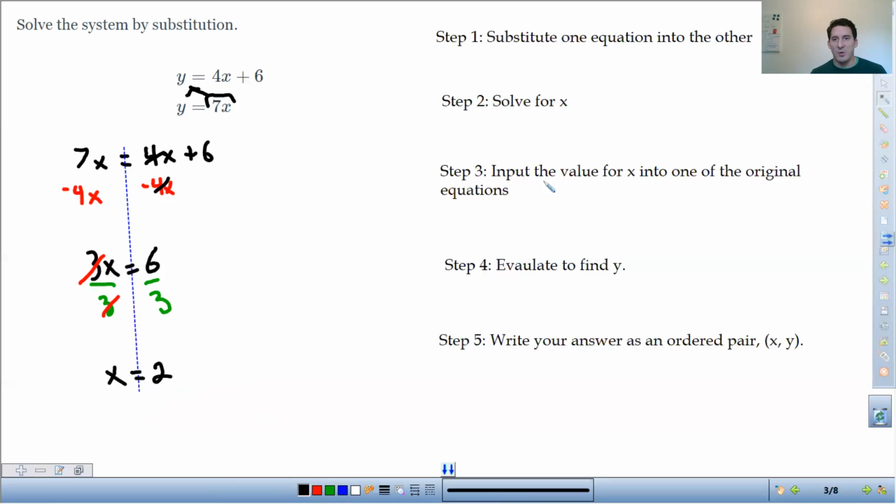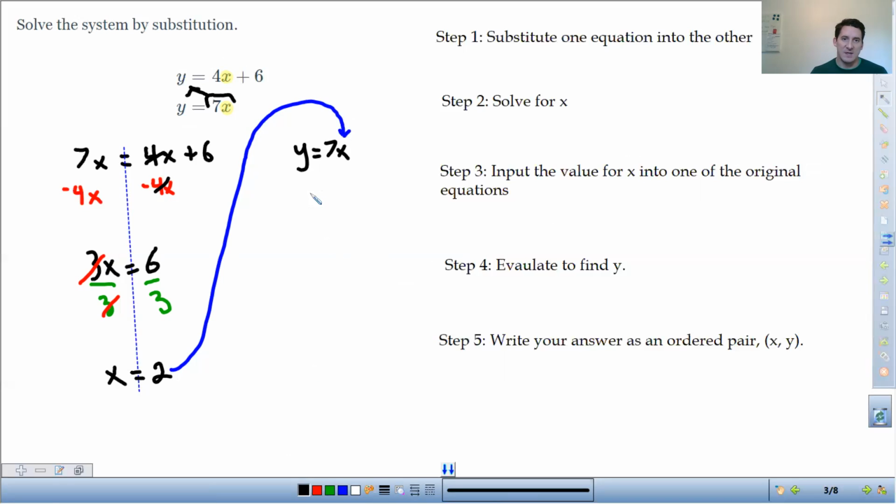Next, we're going to input the value of x into one of the original equations. We can put x into either this one right here or this one right here. Probably easiest just to put it into the bottom one. So we know y is equal to 7x. I am going to take the 2 and put it in for x here.